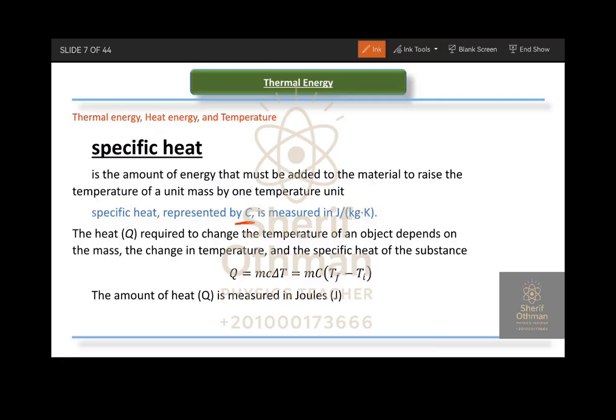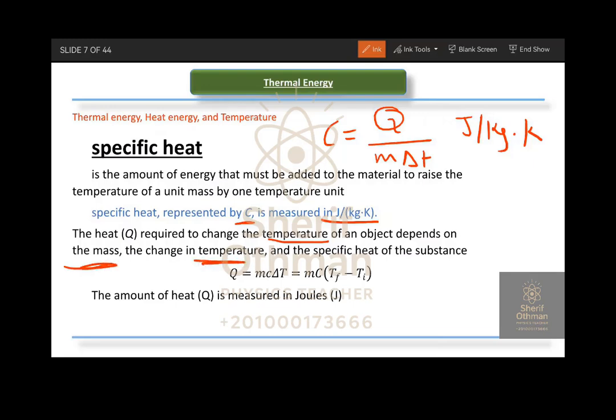If I'd like to find C, specific heat, from this rule, C will be Q divided by m delta T. Q, amount of heat, is measured in joule, mass in kilogram. The SI unit for temperature is Kelvin. So we got the measuring unit. And as we said, the amount of heat required to change the temperature of the object depends on its mass and the change in temperature, as we said before.